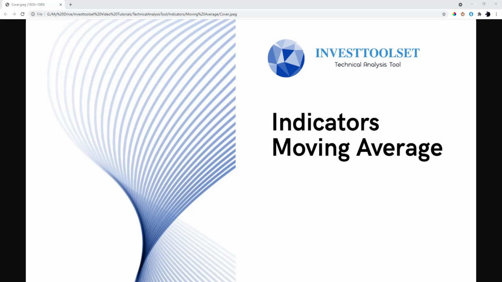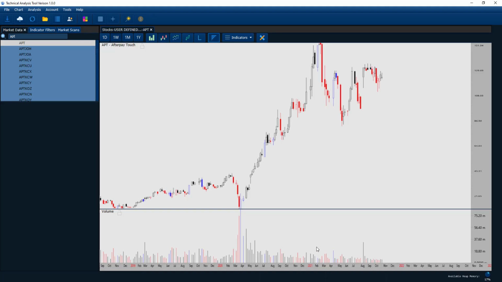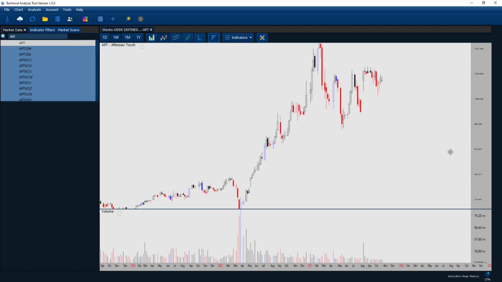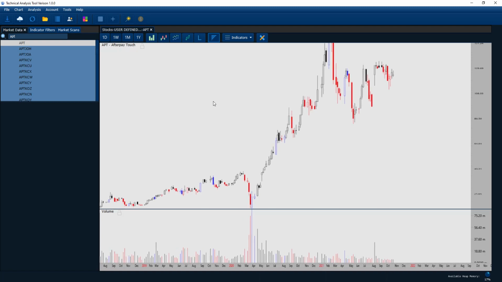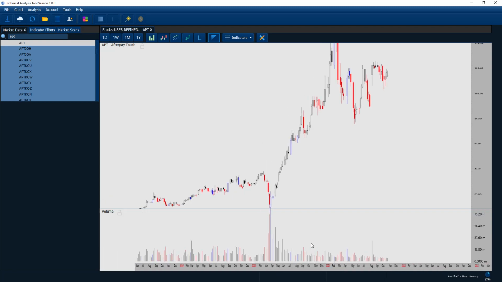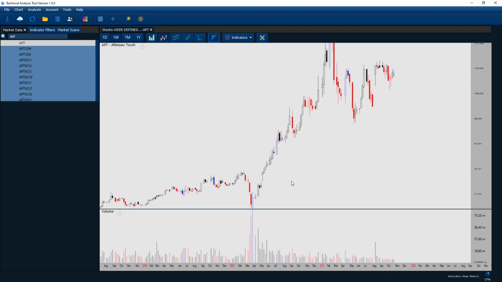Let's bring up our application. As you can see, I have already imported data. Right now, I have already opened up the Afterpay Touch share market chart, and also I bring up our volume. The way to bring up the moving average indicator is you go into this drop-down list and click on it.